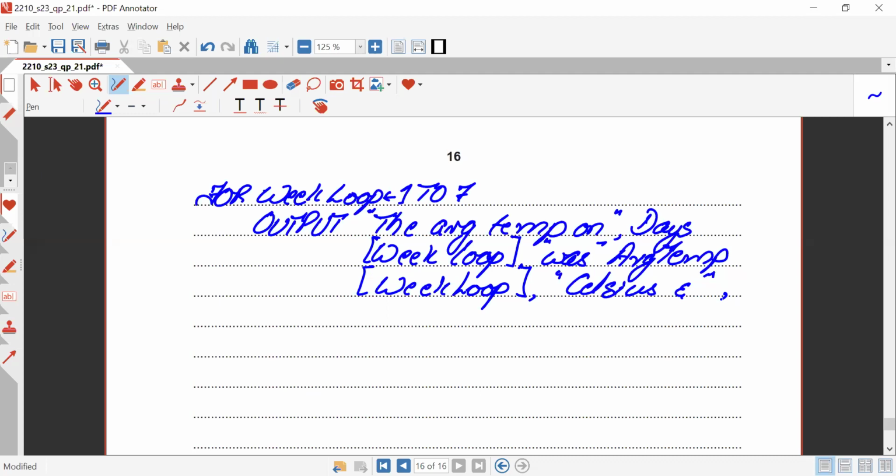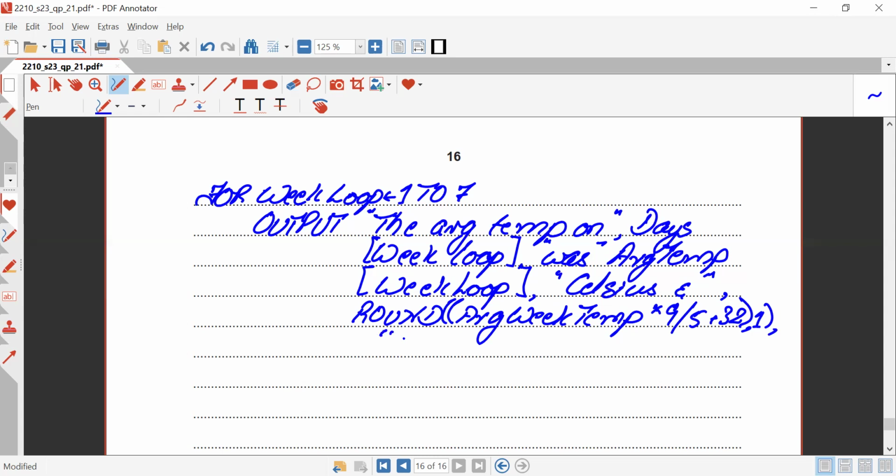And now we'll be writing it down in Fahrenheit. So how are we going to write it down in Fahrenheit? So we are saying round average week temp. We just need to apply the formula. Multiply by 9 divided by 5 plus 32. So as we just took it out, now comma 1 over here. So comma 1, again a bracket, so that it should not merge.